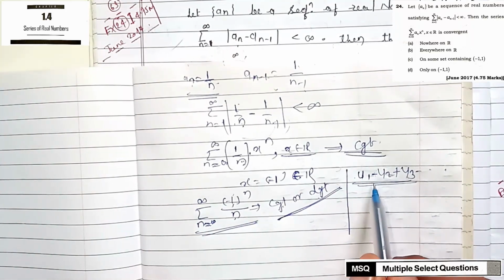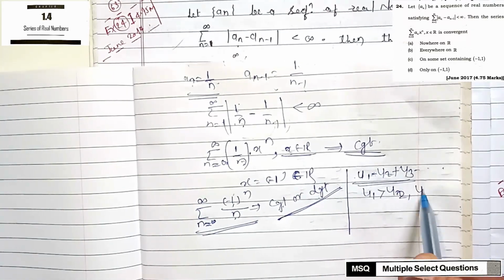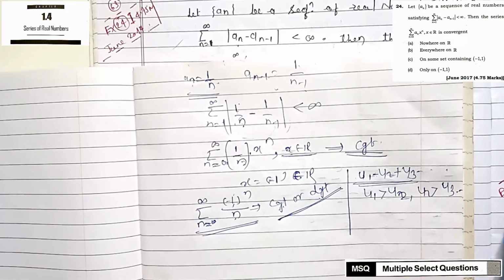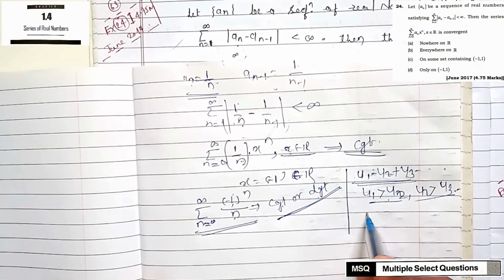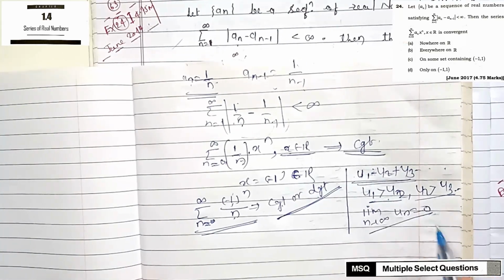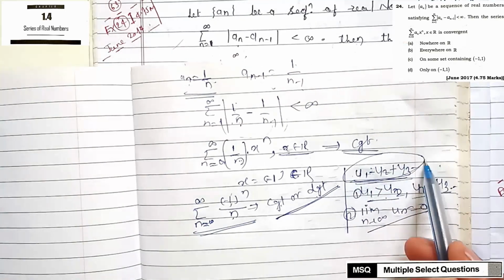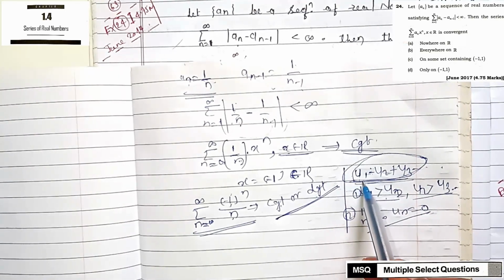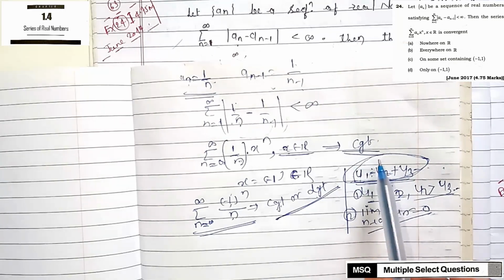One more condition: u1 needs to be bigger than u2, u2 bigger than u3, and so on. And the last condition: the limit as n tends to infinity of un needs to be 0. If these two conditions hold, then by the Leibniz test we say that the series is convergent.